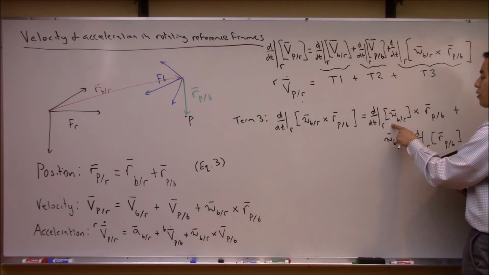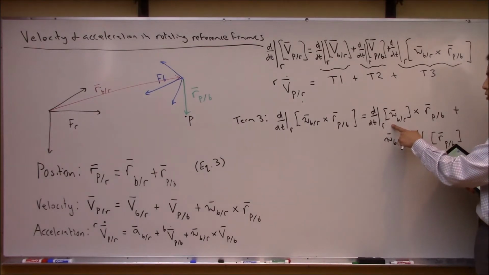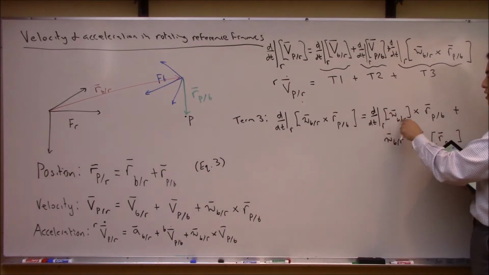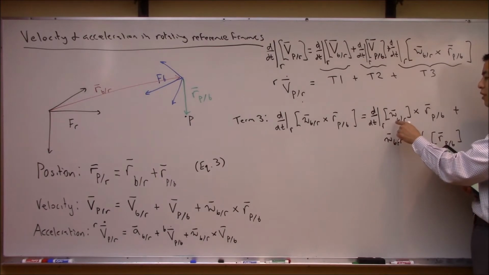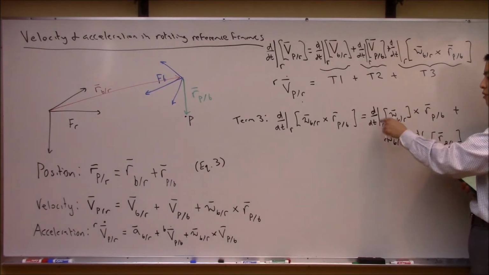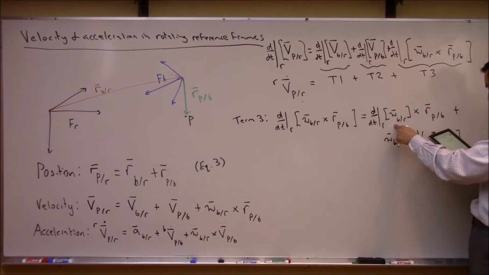If you remember our discussion of the angular velocity vector, it doesn't matter which frame you're looking at it from. There's just a negative 1 depending on whose perspective you're asking, which flips these indices. But if you think about it long enough, this is now the angular acceleration vector.